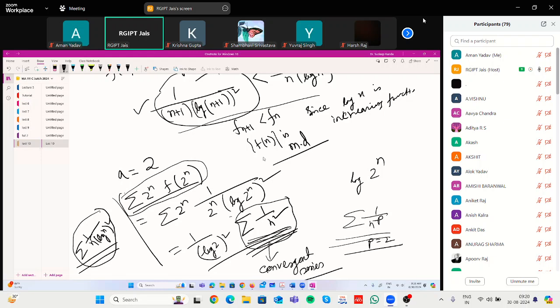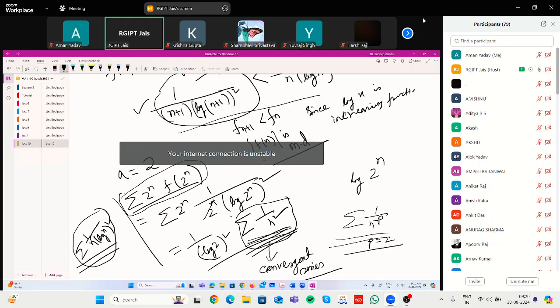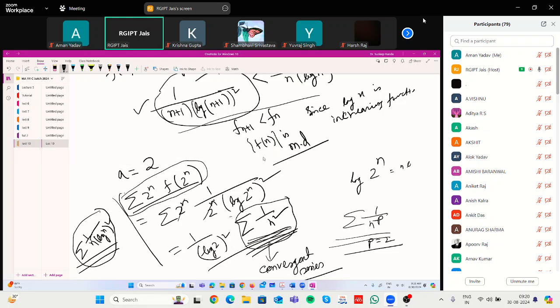So if f of n is 1 by n log n square, you replace n by 2 to the power n. Here the 2 to the power n will cancel, and log of 2 to the power n equals n log 2.